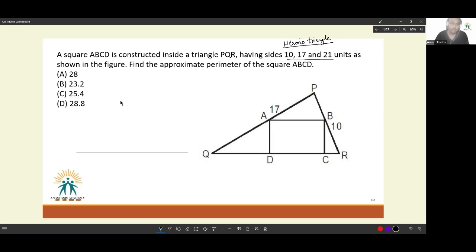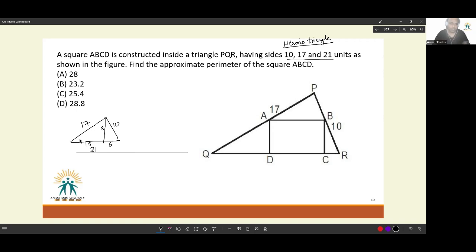What is meant by Heron's triangle is, look at this. Let's say this is 17, this is 10, this is 21. The perpendicular here is 8 because 10, 8 and 6 and 8, 17 and 15. Two right angle triangles that have a side common, one of the perpendicular side lengths being common.